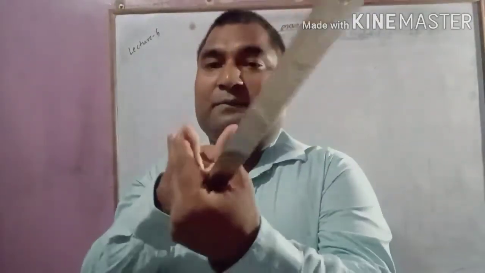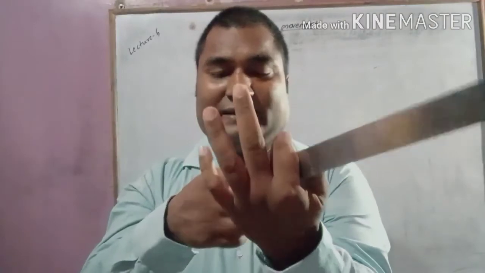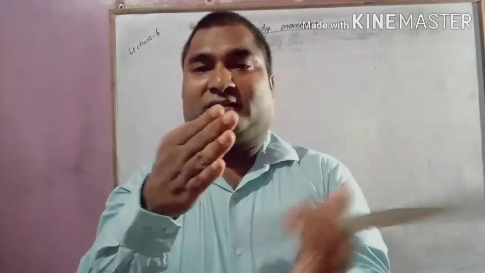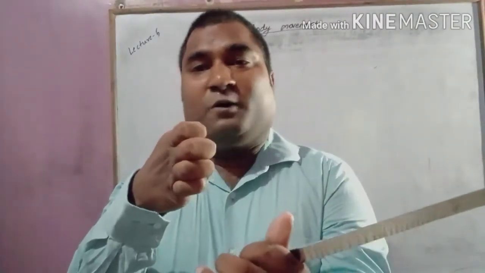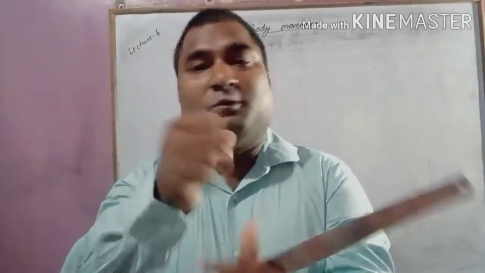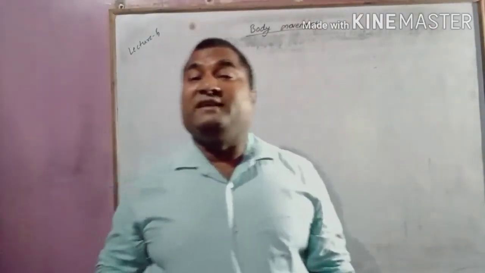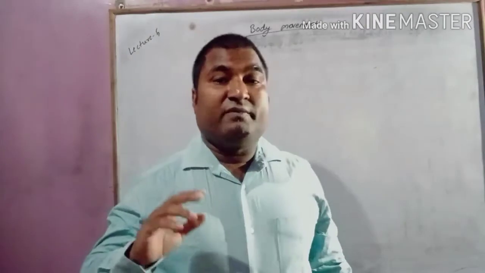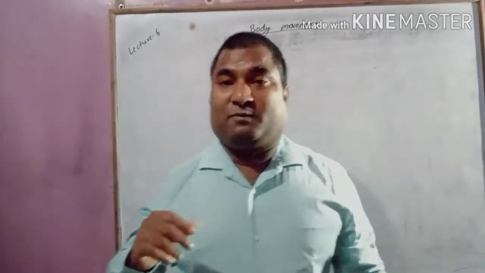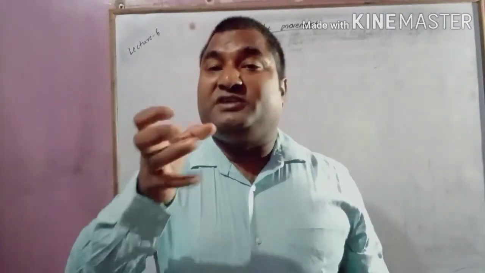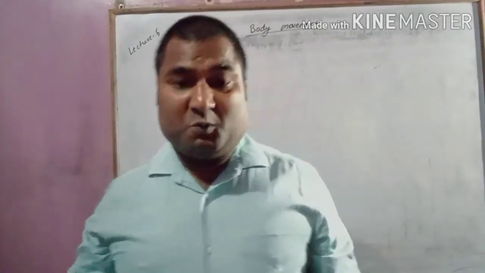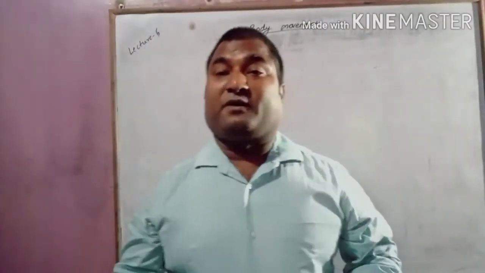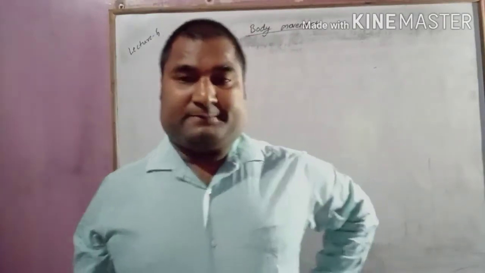If I place a pencil along four fingers like this, can I bend my finger? No. So can I hold anything? No. That is what I am saying: any kind of movement in our body is due to these joints, and if there are no joints, there will be no movement and no activity performed by us.